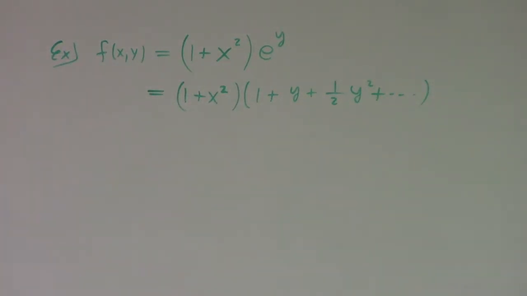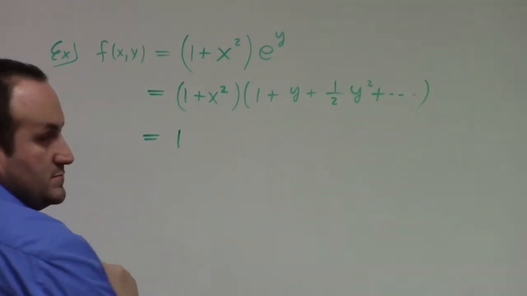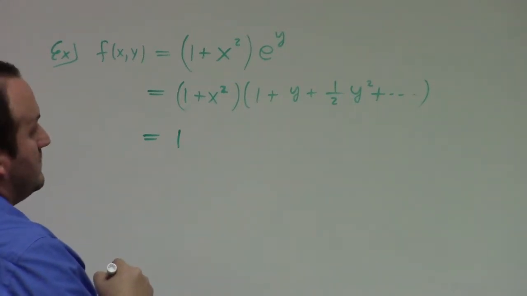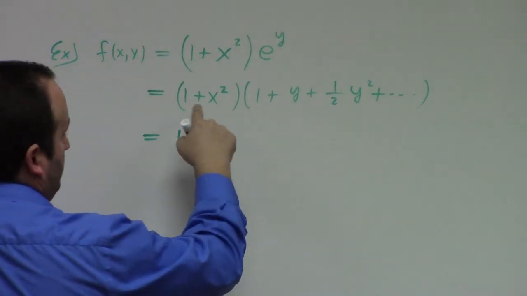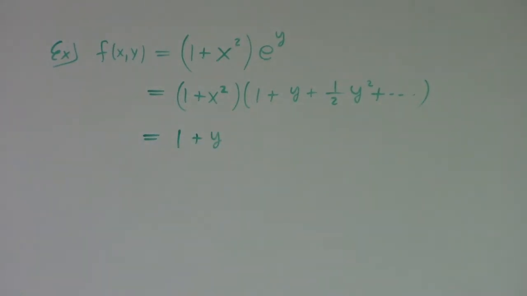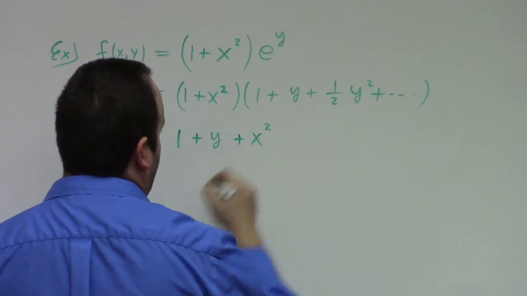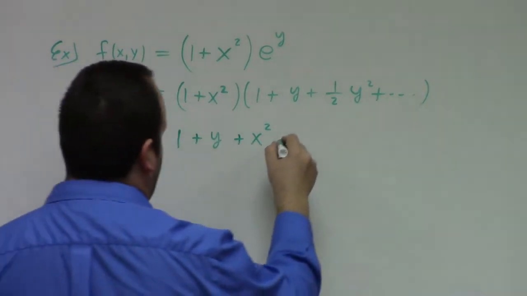What survives of this up to second order? I got a 1. Is there any linear term? Yep, there's that y. I think that's it for linear terms. How about quadratic terms? Ooh, there's an x squared. And then what else? Oh, plus 1/2 y squared.